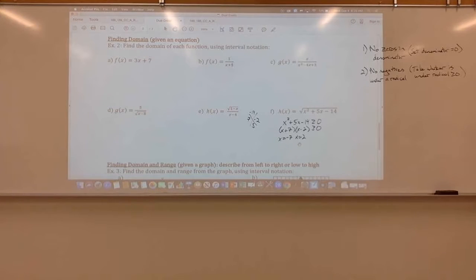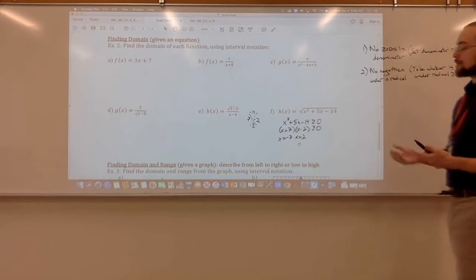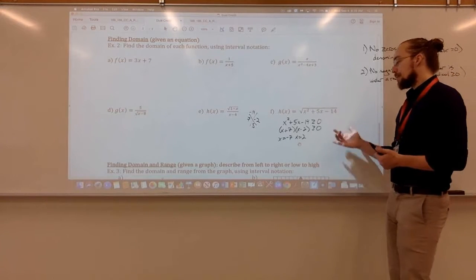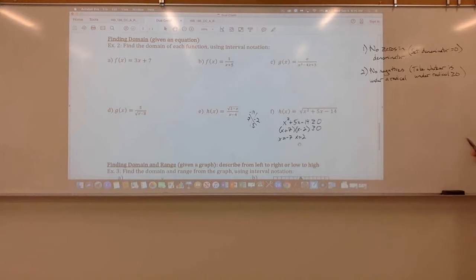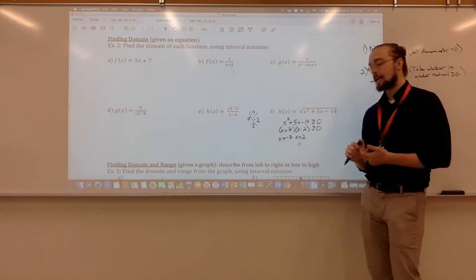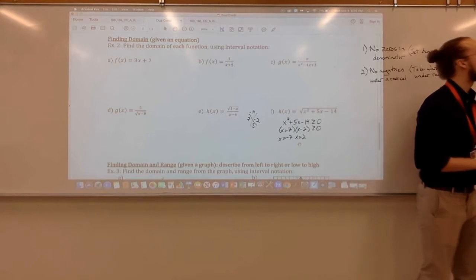What do I do with those numbers now? That's a good thought, saying that the negative 7 wouldn't work because it's not greater than 0. But it's actually a little bit different process when we're talking about a quadratic, saying that has to be greater than or equal to 0.